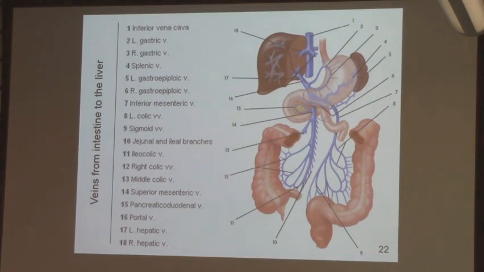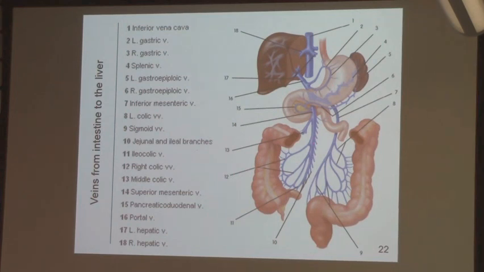Gastric. What is the name of this vein? The gastroepiploic. So gastric vein, gastroepiploic vein, colic veins. What is this one? 14 is the superior mesenteric vein.